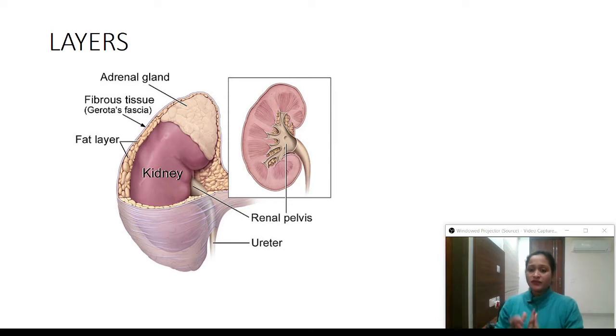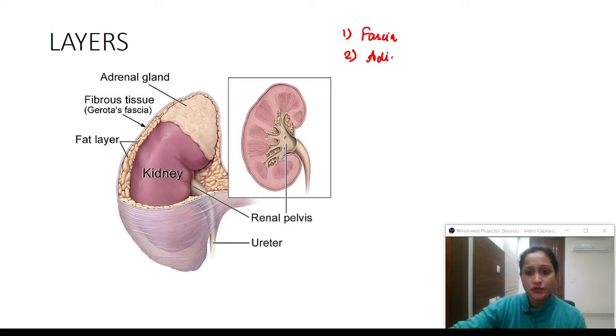Now we will move on further, to see what are all the layers which are protecting the kidney. We will move from the outermost layer to the innermost layer. The outermost layer is the fascia. Then the middle layer is the fatty layer, which is made up of adipose tissue.